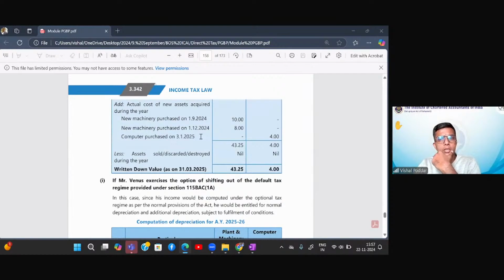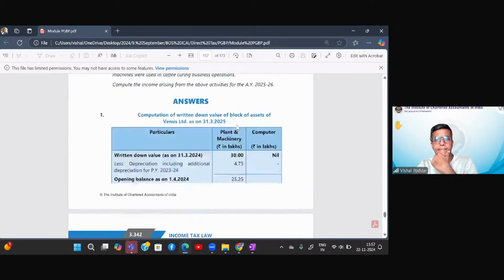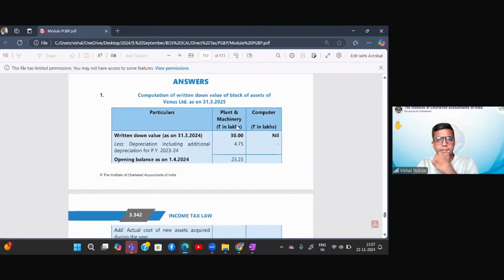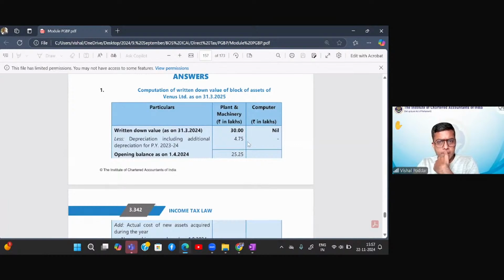They have not calculated the depreciation. Why have they added back this depreciation? I did not get this. WDV as on 31/3. Oh, I did not read the question correctly then.